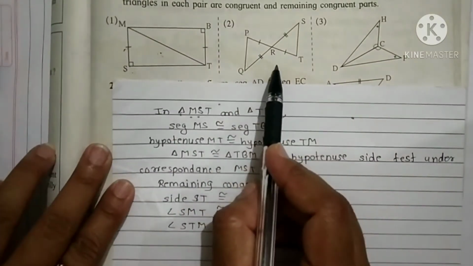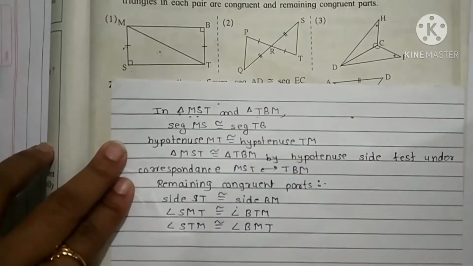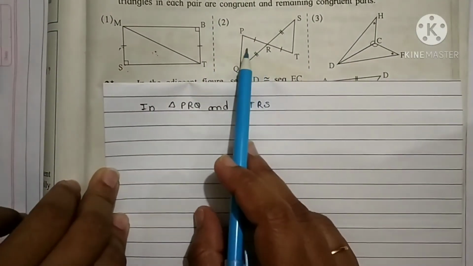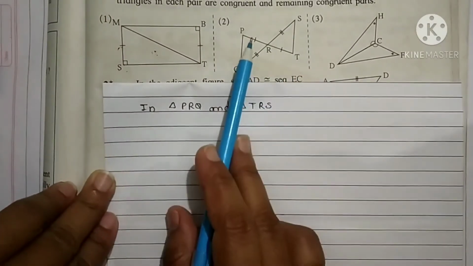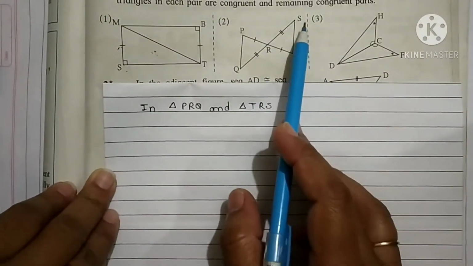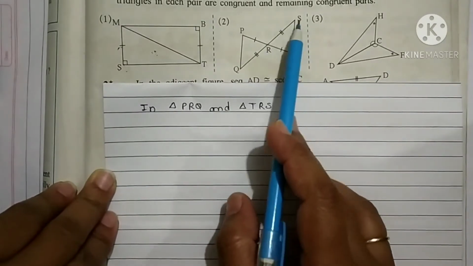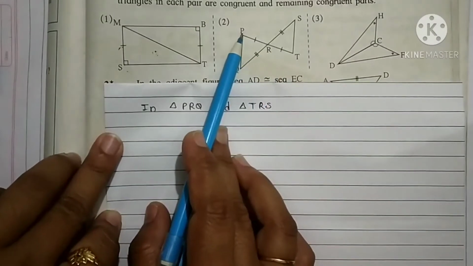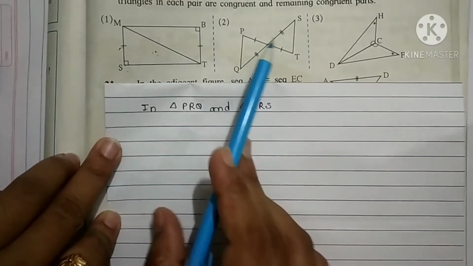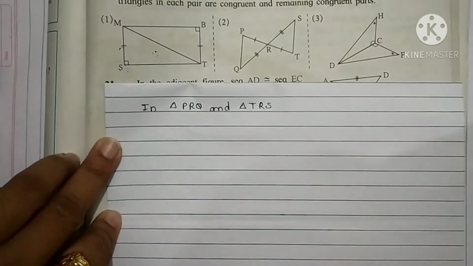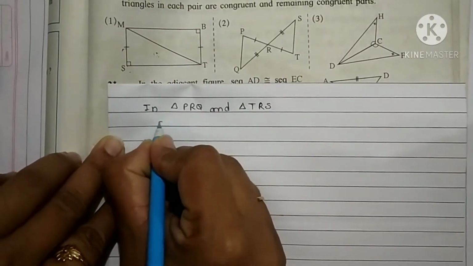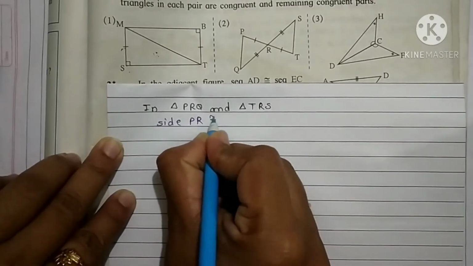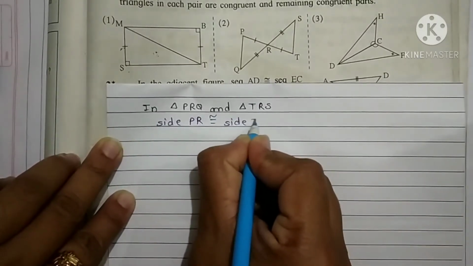Now see the next diagram. Observe these two triangles, triangle PRQ and triangle TRS. See these identical marks. That means side PR is congruent with side RT. So write down side PR congruent with side TR.